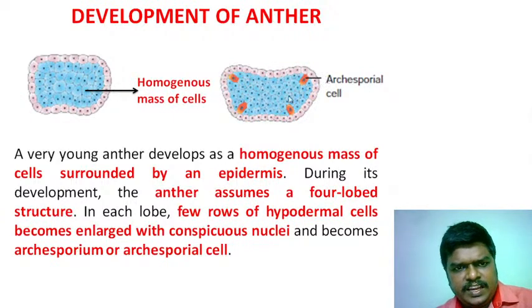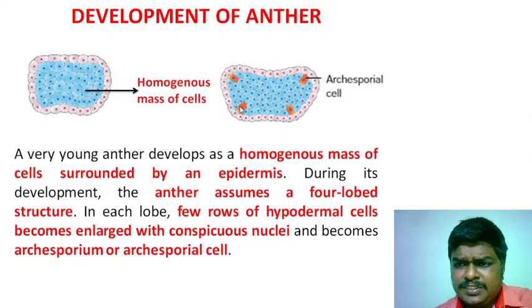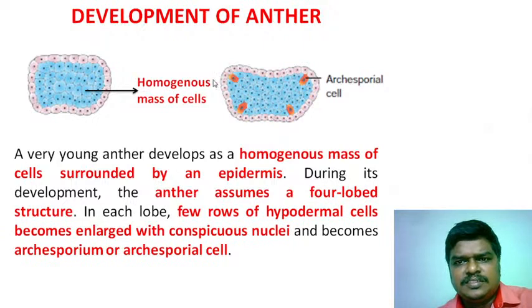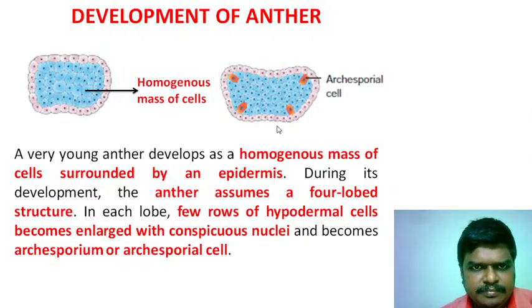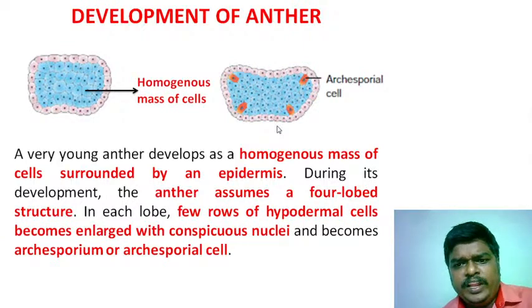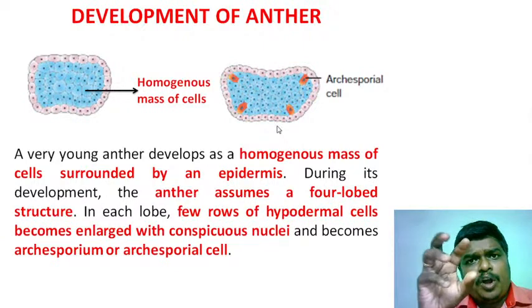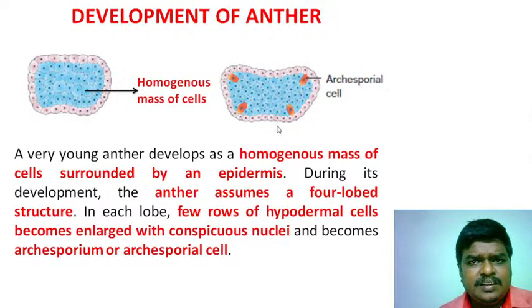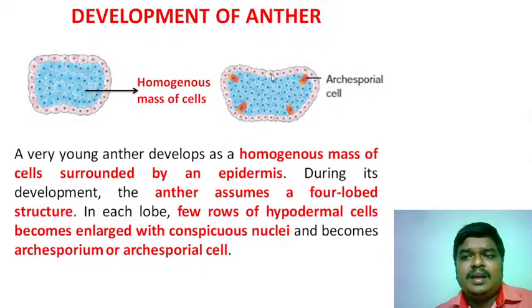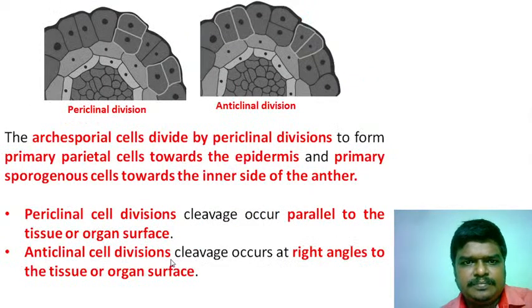So now we can see here, the homogeneous mass of cells forms archisporial cells. You can see that they form four archisporial cells. You got it? The few layers of hypodermal cells become enlarged, they form a conspicuous, well-developed nucleus, and then they become archisporium or archisporial cells.